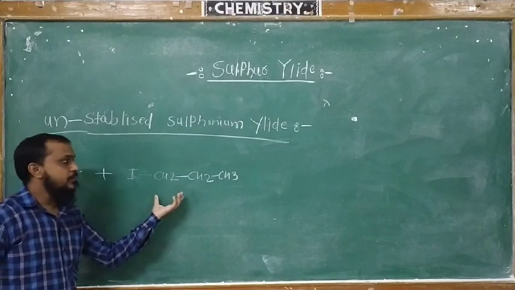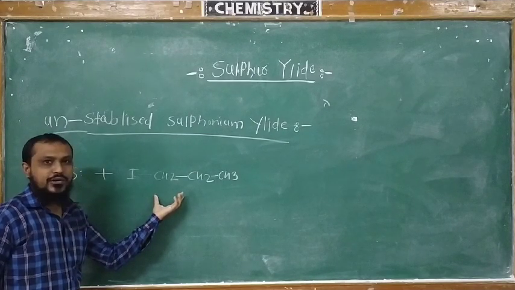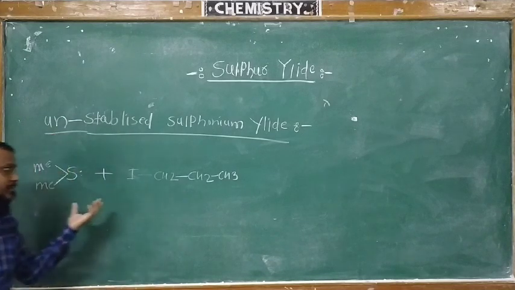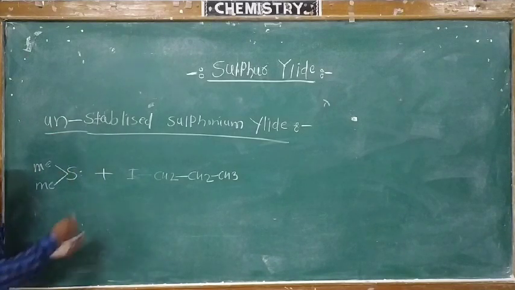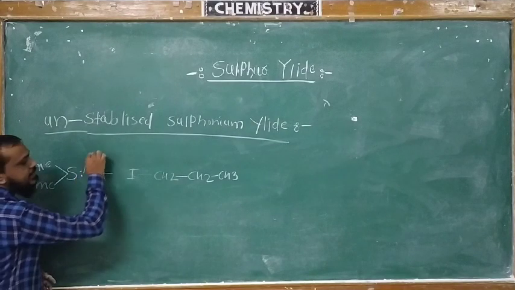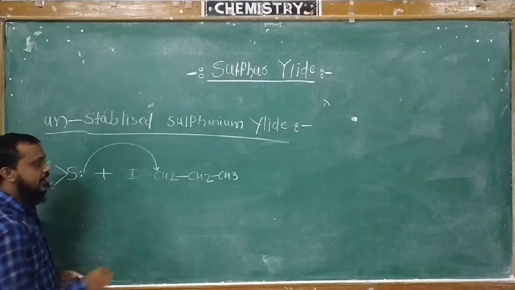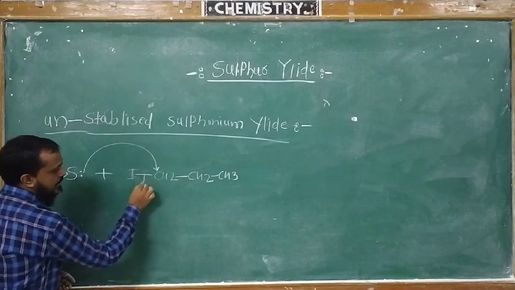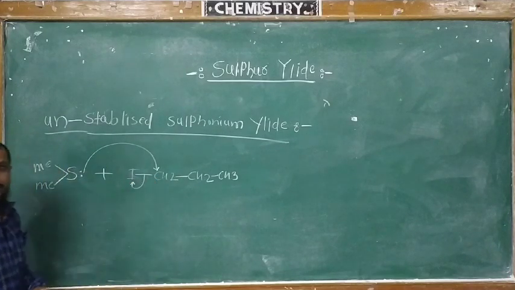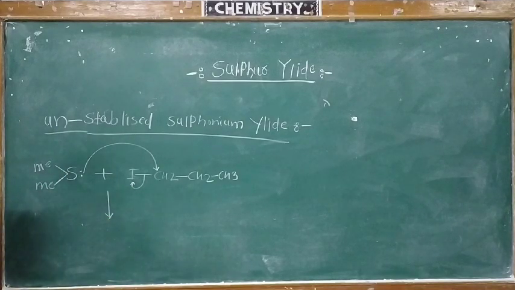This is propyl iodide. Okay. So what will be happening here? The lone pair of sulfur acts as a nucleophile and it attacks this carbon atom of the alkyl halide. Simultaneously iodine will be removed and we will get these types of intermediate.